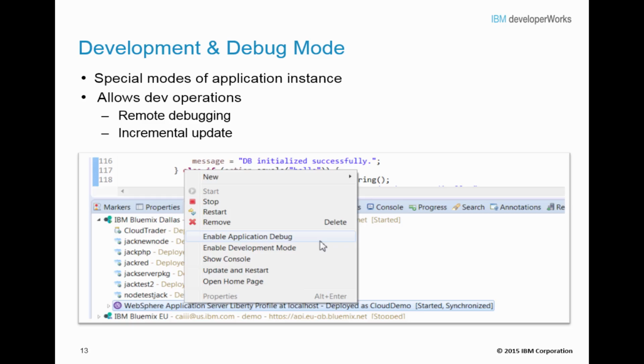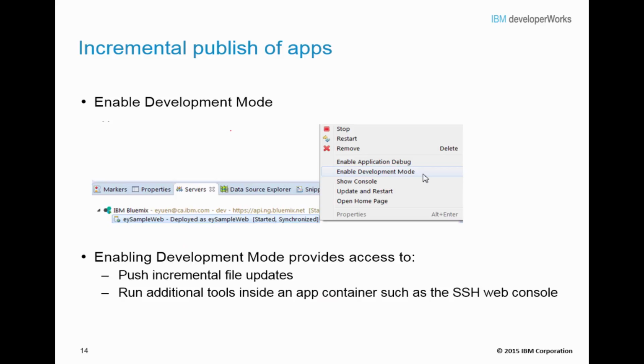Let's just take a look at how you can enable the development mode as well as enable the application debug mode by simply right-clicking on the deployed app running on Bluemix server. So these modes will allow the developer to do remote debugging and push incremental updates. Earlier, you had to deploy the entire application for a simple change in the app.